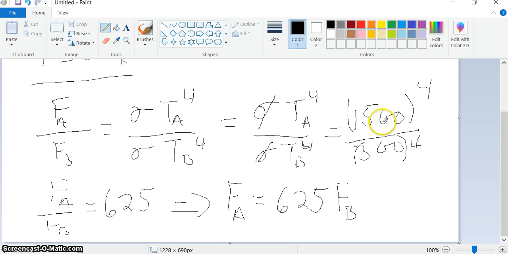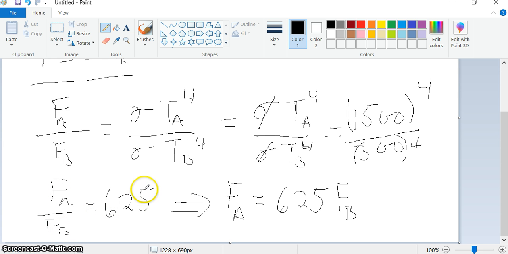Anyhow, when you divide 1500 to the fourth by 300 to the fourth, you get 625. So notice this is the power flux of A divided by the power flux of B. Just think of this as an equation.